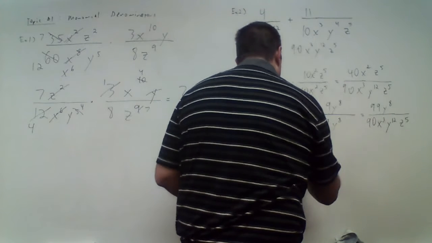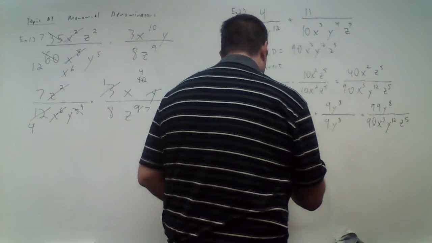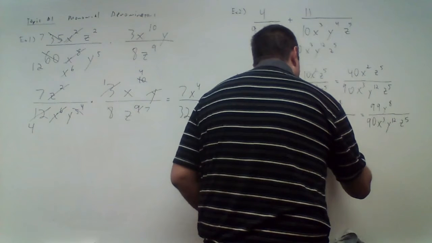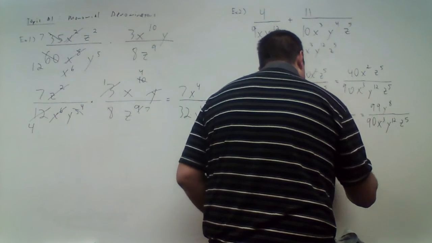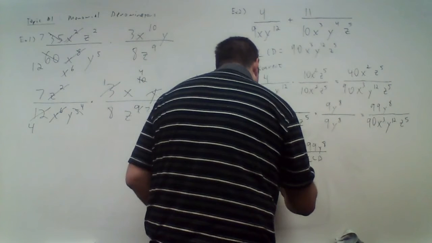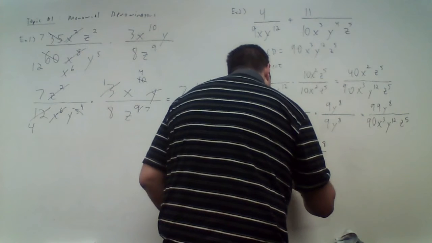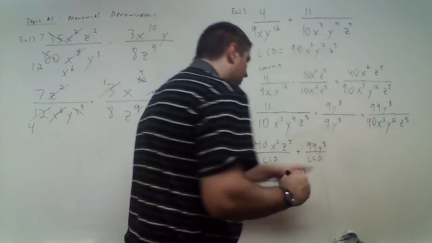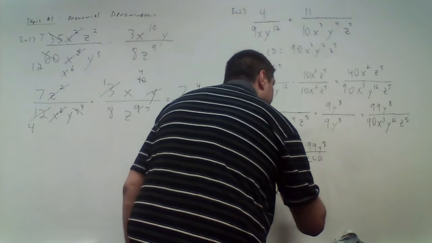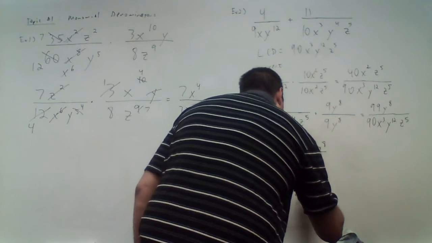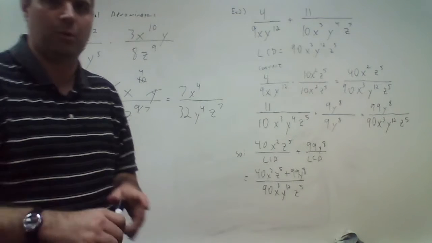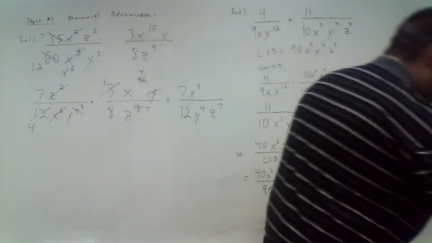So 40x squared z to the fifth over the LCD plus 99 y to the eighth over the LCD is simply going to give me these two added to each other, over my LCD, which is 90 x cubed y to the 12th z to the 5th. Okay, so that takes care of topic number 1 on that document.